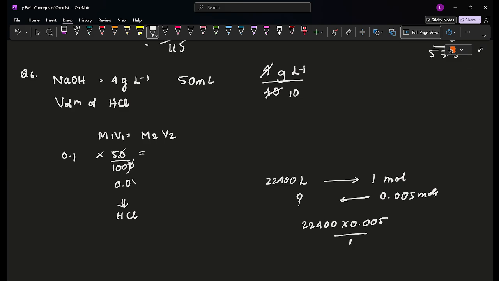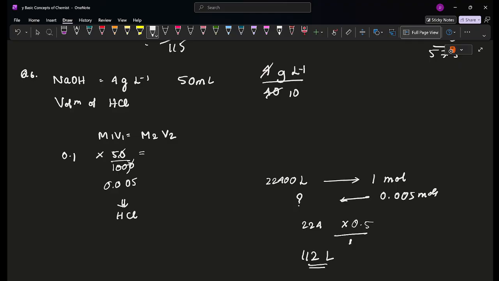It will be 0.05, right? Yeah. Then this will be 0.005. Yeah, and that's exactly what I was looking for. 0.5. Oh, alright. It will be 0.5, and we'll get it as 112 liter. Okay, so that is up with the question.